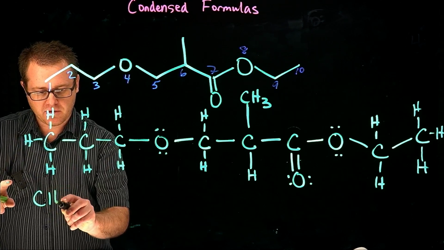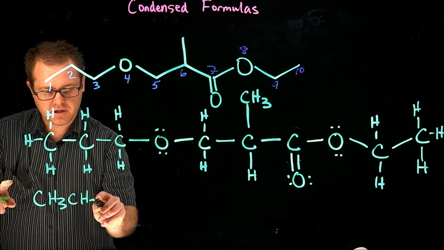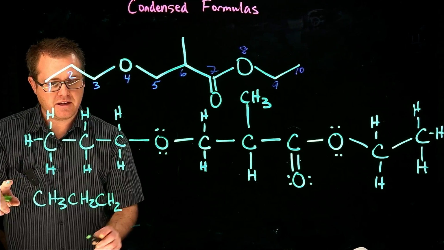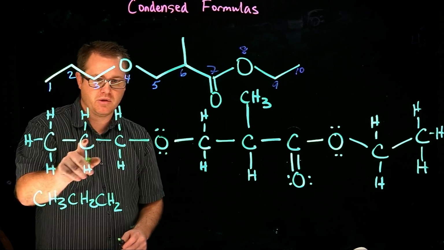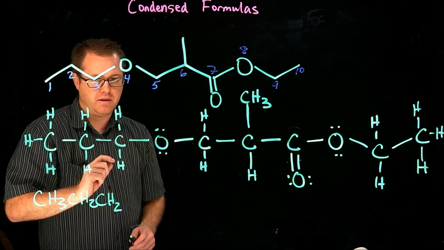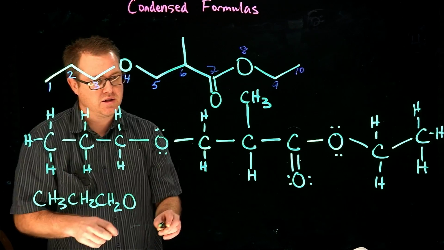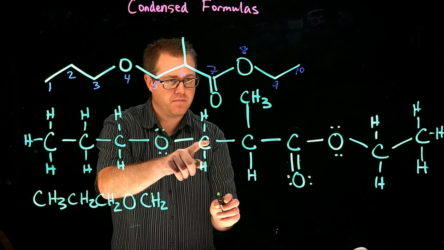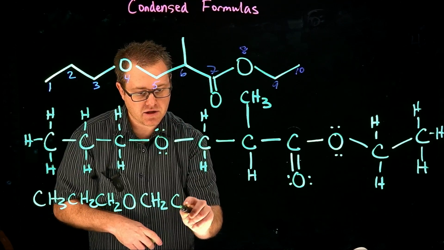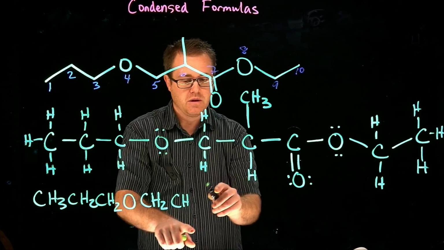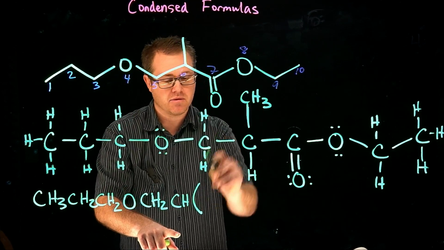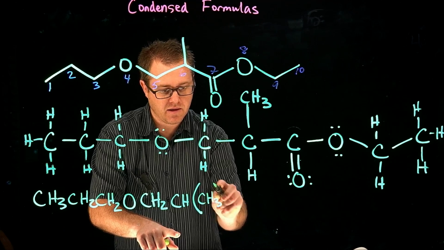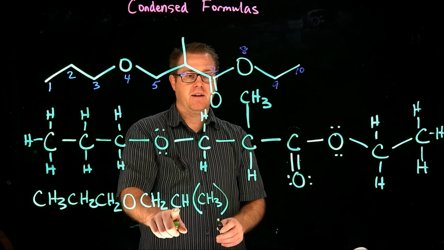We could do CH3, CH2, CH2. So that's 1, 2, 3, 1, 2, 3. Oxygen, CH2, CH, parentheses, the methyl group, CH3. So this carbon right here is which one?